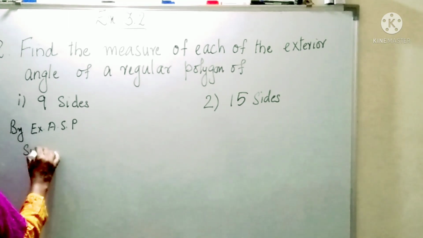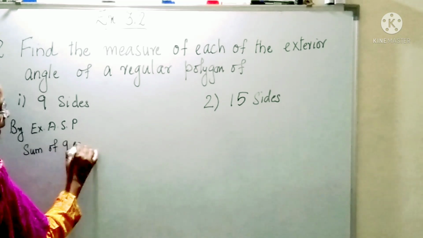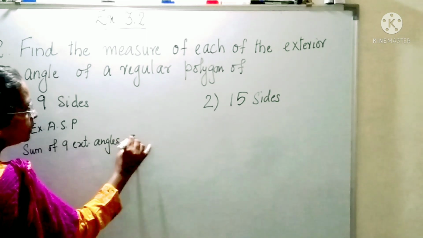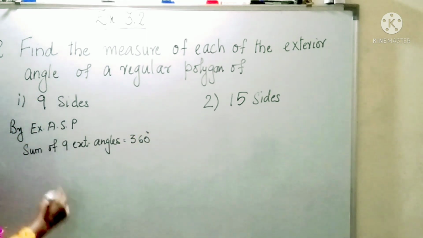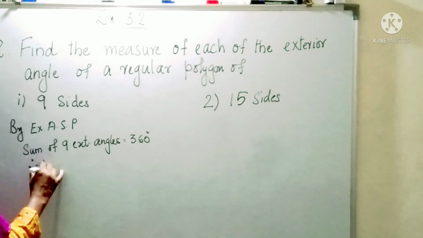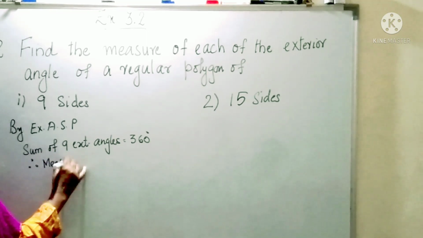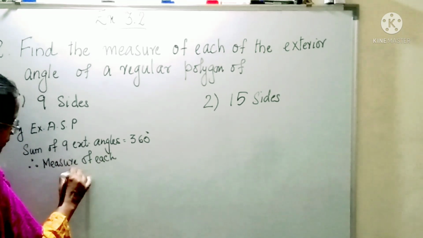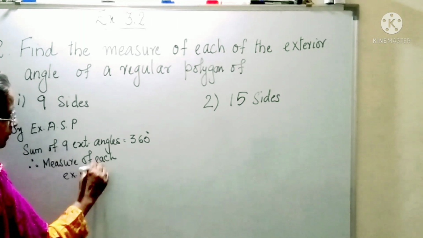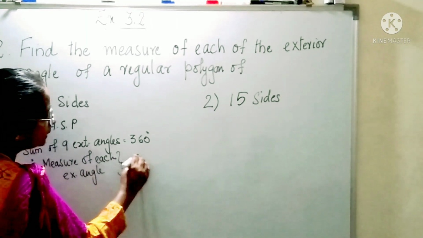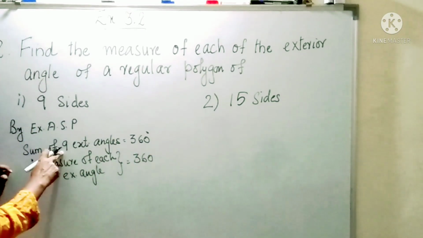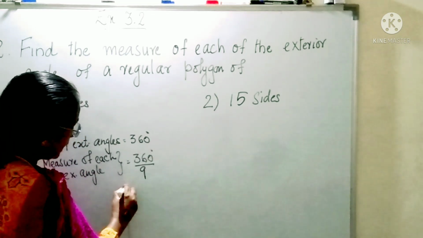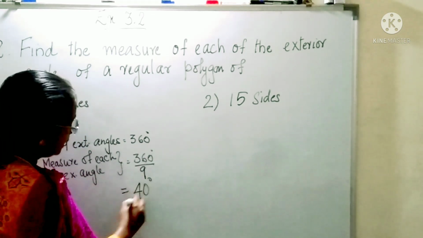The sum of 9 exterior angles is equal to 360 degrees. Therefore, the measure of each exterior angle is equal to 360 divided by 9, that is 40 degrees.